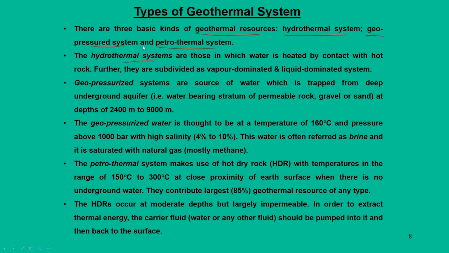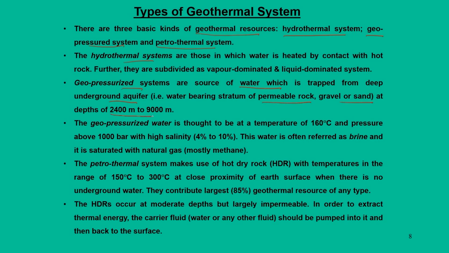The other category is geopressurized systems, in which we tap water from the underground aquifer. Basically we are going to that water reservoir, that is zone C, which was shown earlier. There we have permeable rock, gravels, sand.